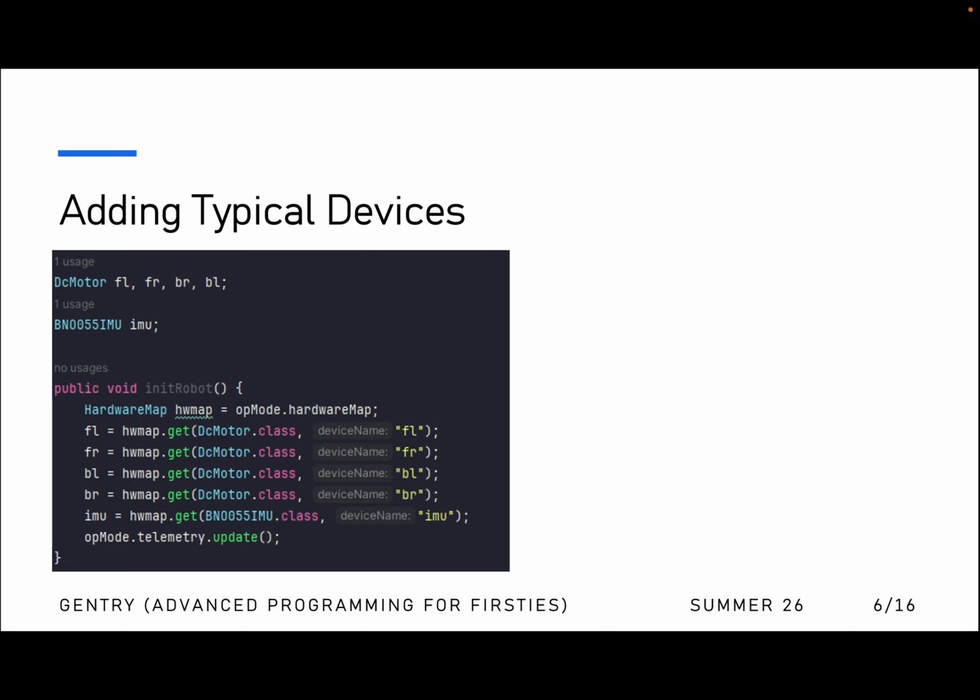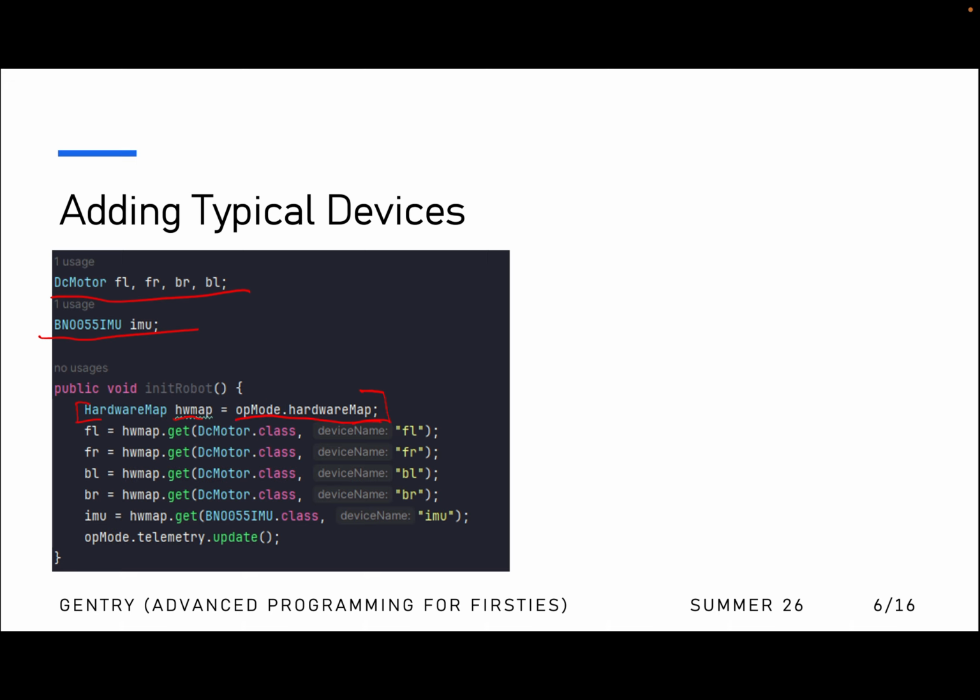So now we'll add our typical devices where we're just going to add our DC motors and our IMU. So we can define a hardware map, hwMap, is equal to our opMode.hardwareMap, just so we don't have to type this out every single time.